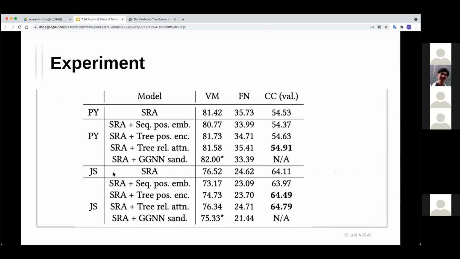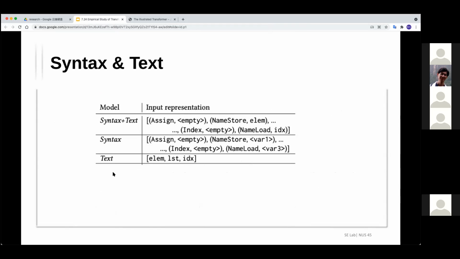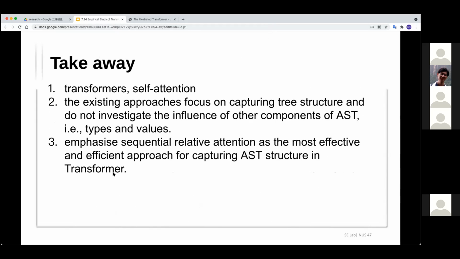Yeah, the takeaway, I have just shown that the first is that the existing approach focuses on capturing tree structure and does not investigate the influence of other components of the tree, like the types and values. The second is that it emphasizes the sequential relative attention, because the experiment compares the four methods, and this is the most effective one.